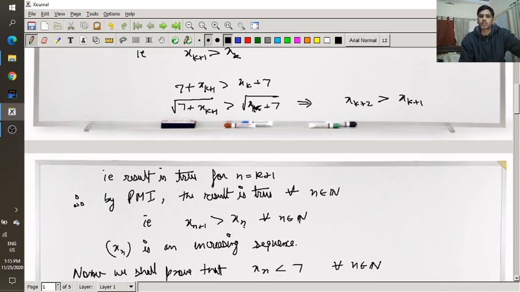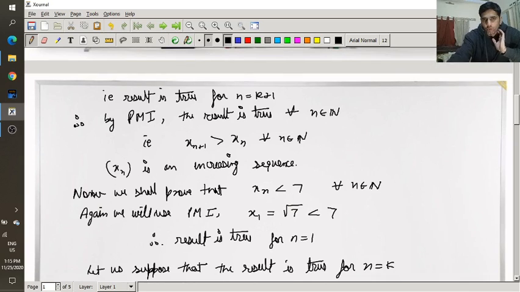That is, xn plus 1 is greater than xn. Here we proved that the sequence is a monotonically increasing sequence. In order to prove that it is convergent, we need to prove that it is bounded above. So, again by some intuition, we can prove that xn is less than 7, right?